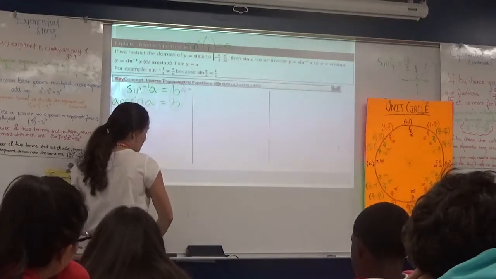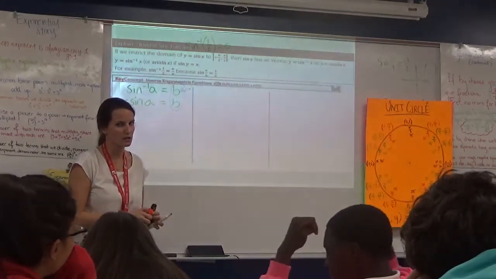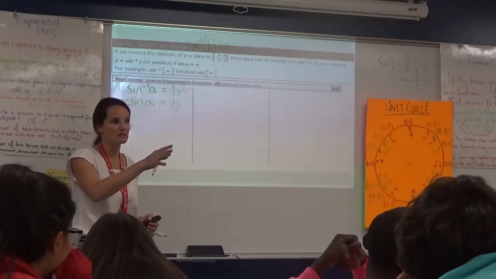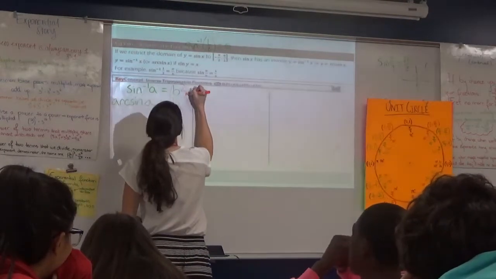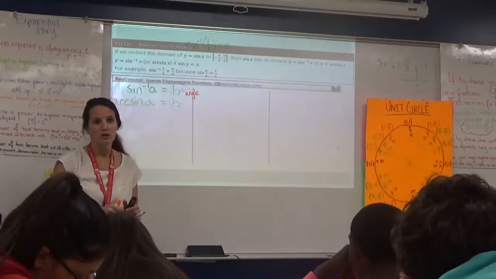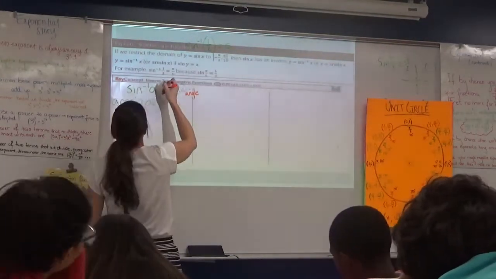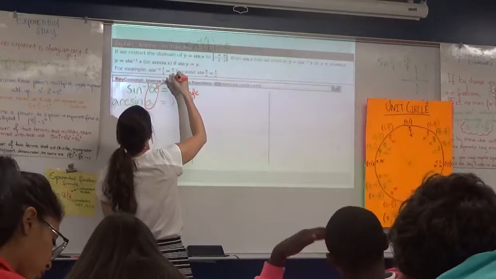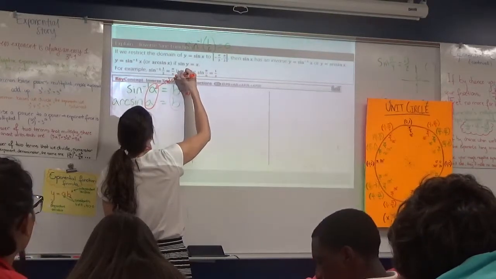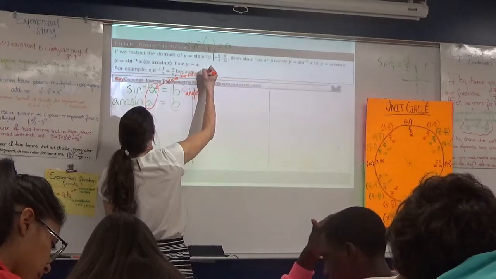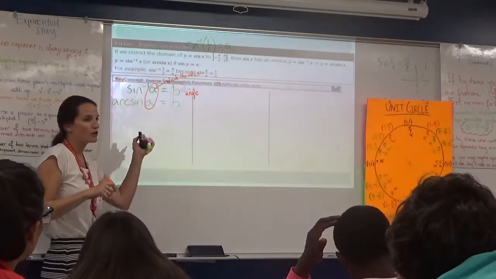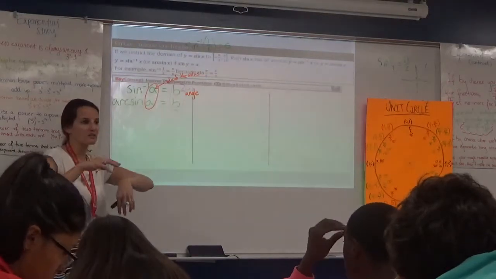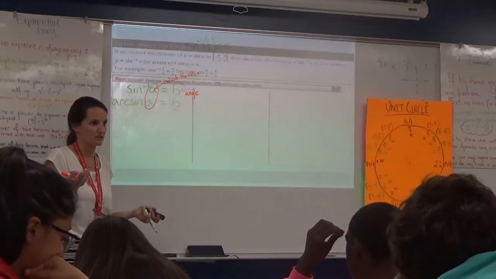In this case, to point out, let's make sure you get in your notes, B represents what? What are we solving for? I heard someone say it? Theta. The theta, the angle, the degrees or radians, you can write it in degrees or radians, but regardless, our answer, our output is the angle when we're dealing with the inverse, and then our A, our input, is like the ratio of the sides, which in this case, if we're thinking about the unit circle for sine, we know that the sides of the triangle for sine, it's talking about y over 1, or we keep saying that sine is y, right?